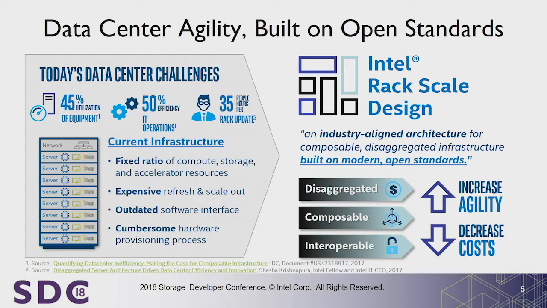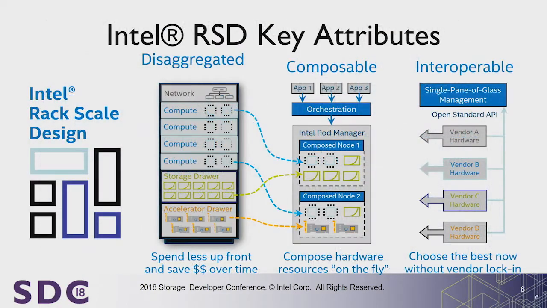Swordfish is actually the plugin to Redfish. It augments the Redfish data model with the storage services part. By bringing a disaggregated, composable, interoperable architecture, we allow for an increase of agility and a decrease of TCO in the data centers.